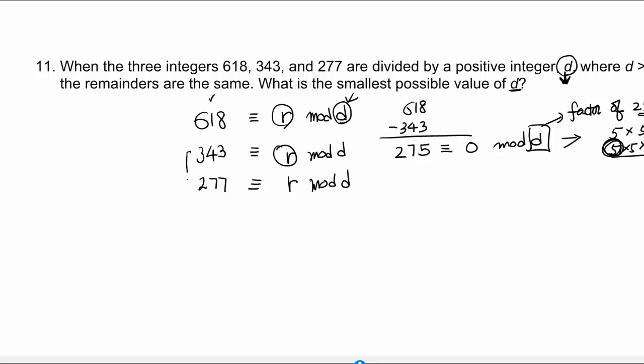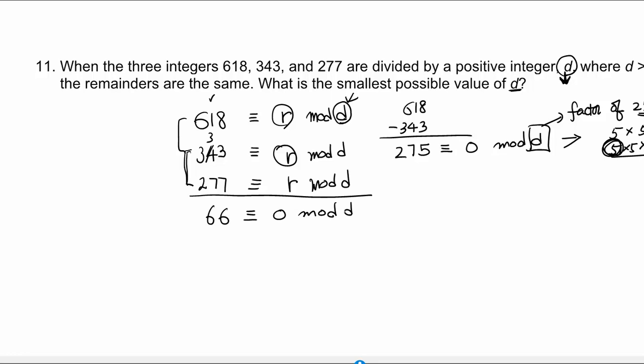From here, 343 and 277, isn't it? Okay, now let's find out. 343 and 277, but you must satisfy these two, okay? That's why I'm going to use this one. 343 minus 277 is what? 66. This is 66, 0 mod d.